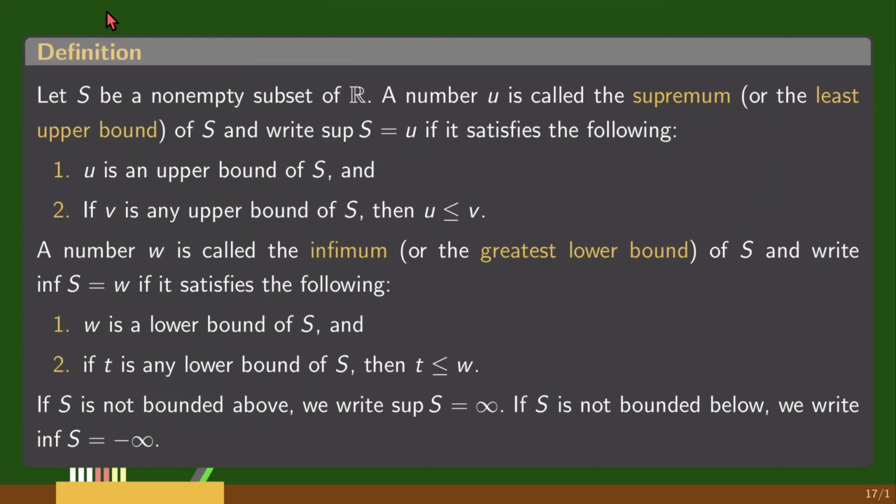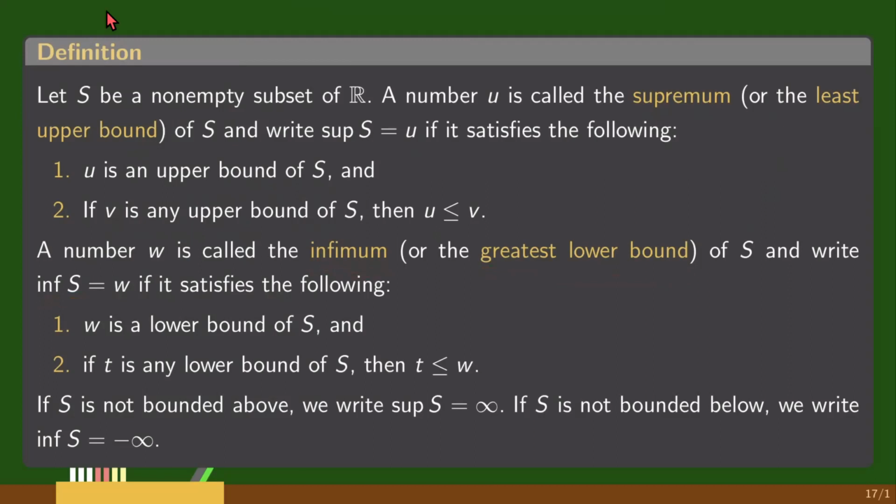Kaya ito yung pagkaka-state natin. Ang ginagamit naman yung mas social na pangalan ng greatest lower bound ay infimum. And it's written inf S. Okay, so you will find that this is used if, first of all, dapat W is a lower bound. And what does it make?